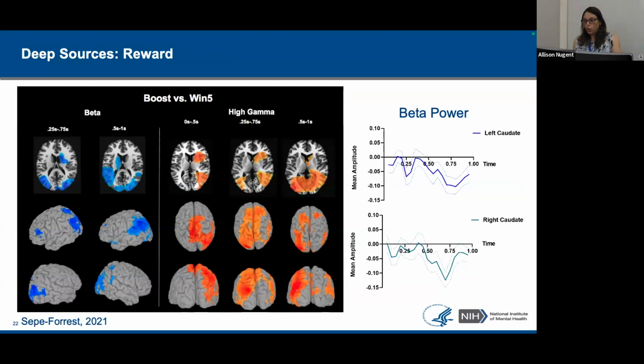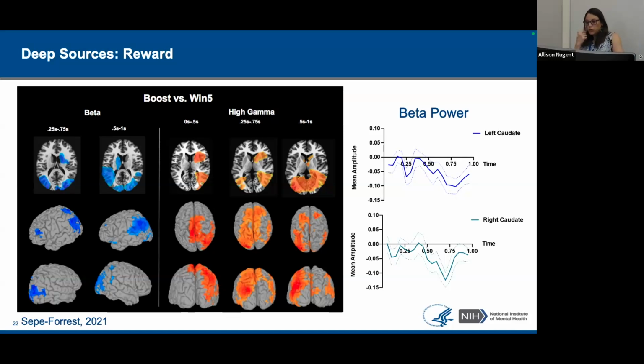Several years ago, we wanted to demonstrate this, provided the task is appropriately robust. This is work that was done by Linnea Forrest, who was a postdoc in our lab, and Fred Carver, one of our staff scientists. She adapted a reward task that incorporated low and medium reward and loss conditions, as well as an unexpected reward condition that we call the boost condition.